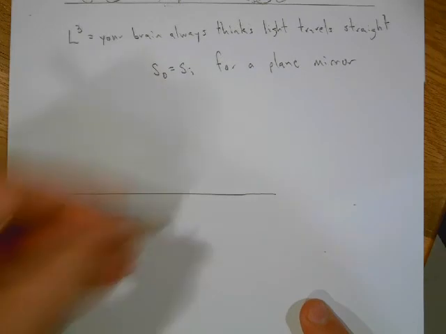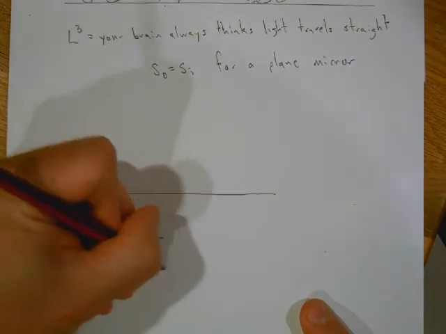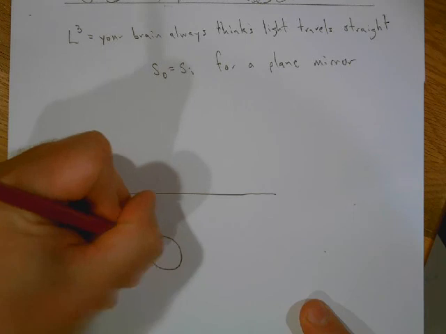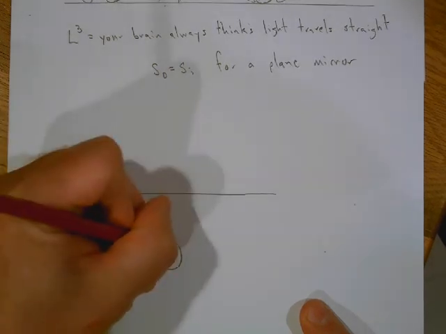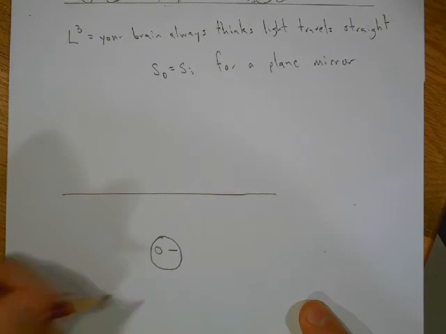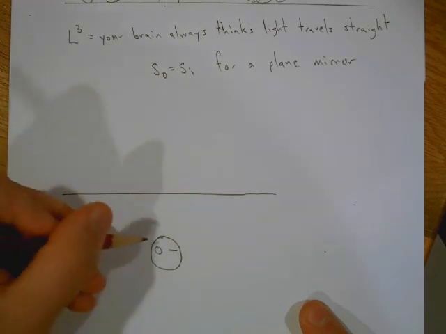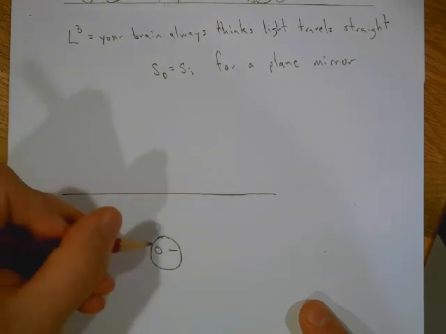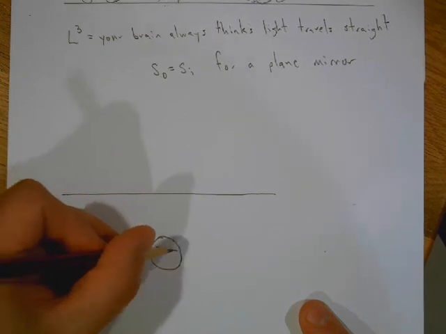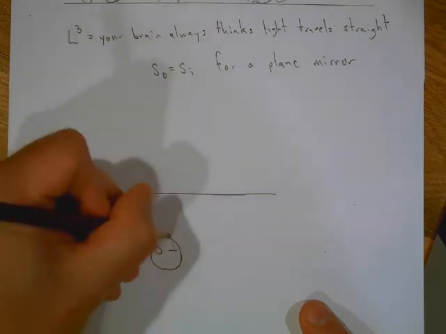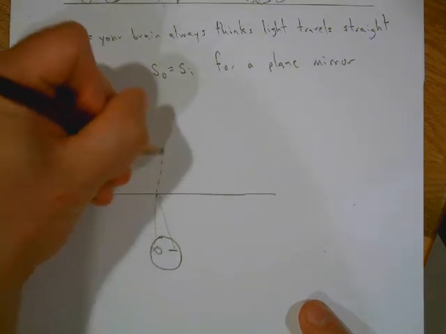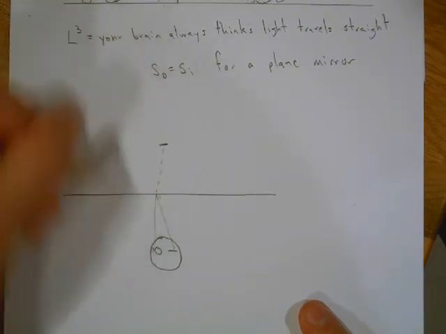So let's say I have another plane mirror here, and here you are. This is a top view of you. You have this eye open, and you're winking this eye, and you're looking at the mirror. I know it's not a great picture, but you get the idea. So if I was to draw this, this is the only eye that's open, so light from their closed eye would go like this, and then here.